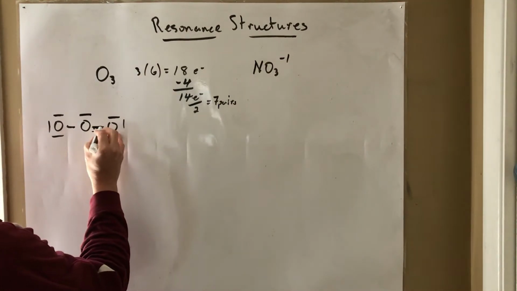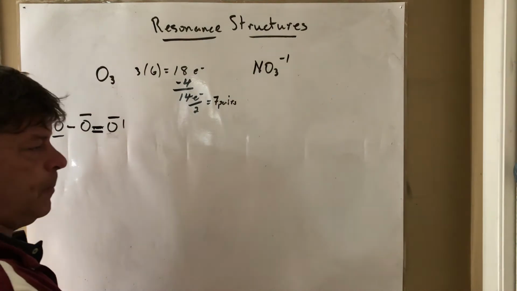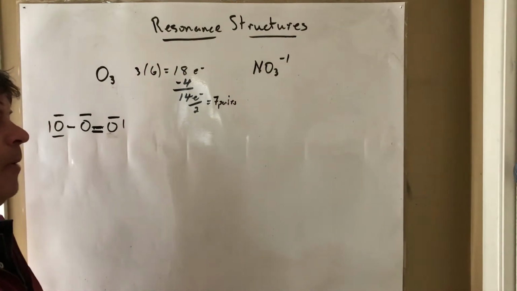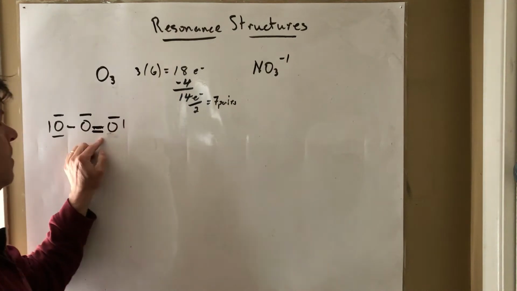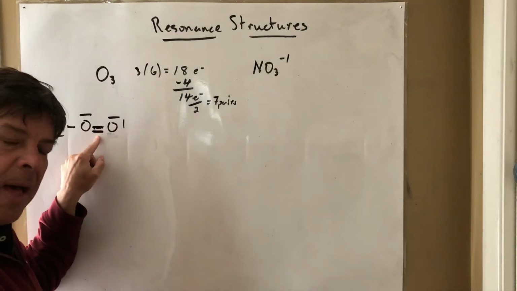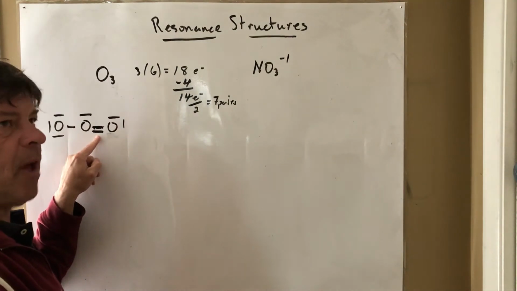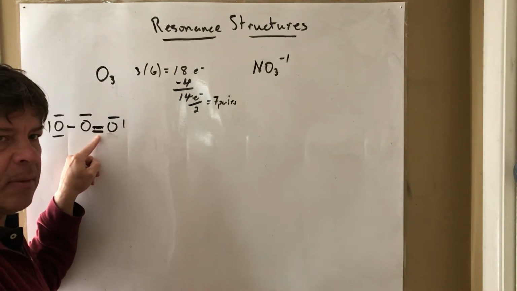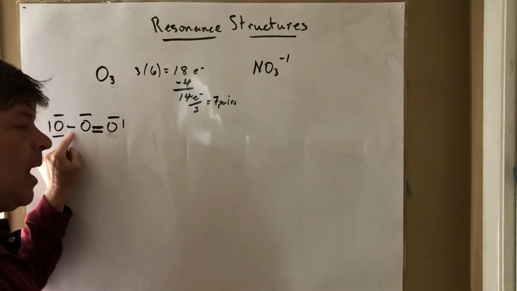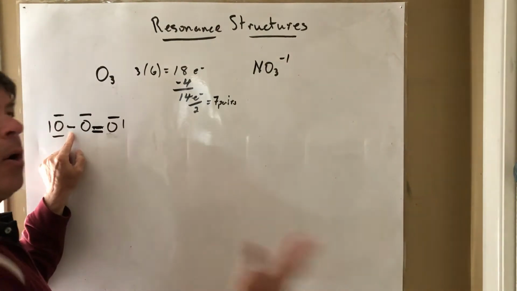Now, it turns out that if you do some experimentation with this molecule, the strength of this bond, it's not a double bond. It's more like 1.5 bonds. And this other single bond is stronger than a single bond.